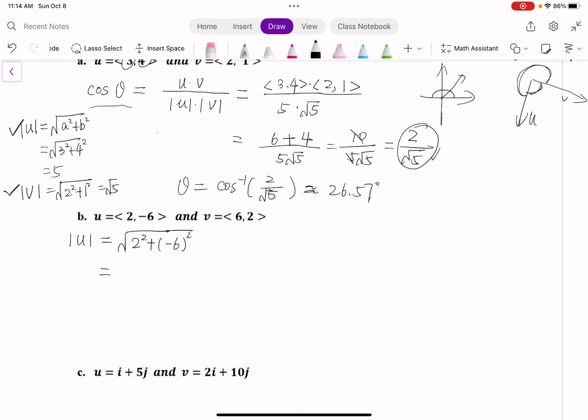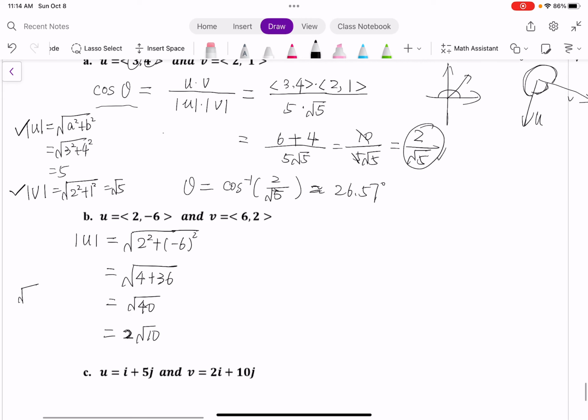That is 4 plus 36, square root of 40. This is 2 square root of 10. Let's do a review: square root of 40 equals square root of 4 times 10. I can separate the 40 into 4 and 10, and square root of 4 is 2, so it's 2 square root of 10. So that's how I got 2 square root of 10.